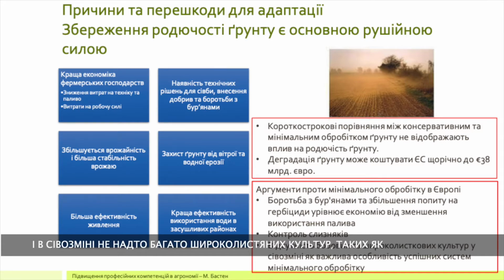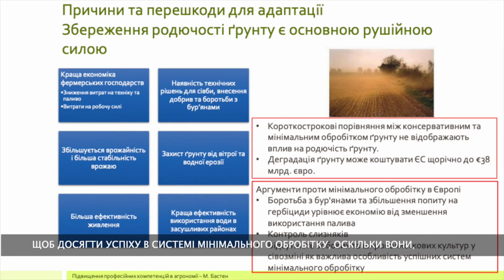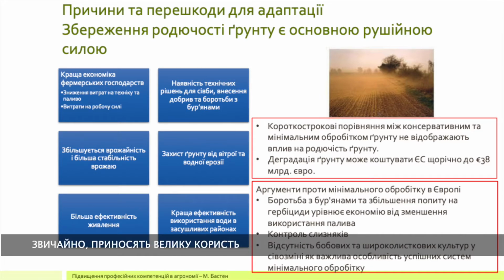And there are not too many broadleaf crops in the rotation, like sugar beet, soybean, and sunflower. And these kinds of crops are very important to be successful in a no tillage system, because they contribute to a lot of the benefits which come from conservation agriculture.